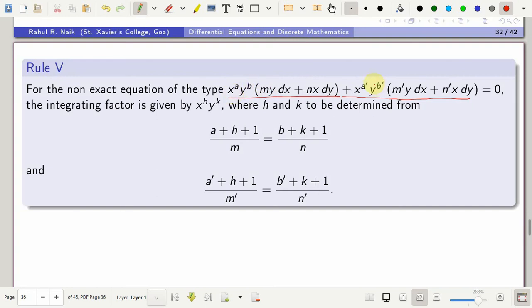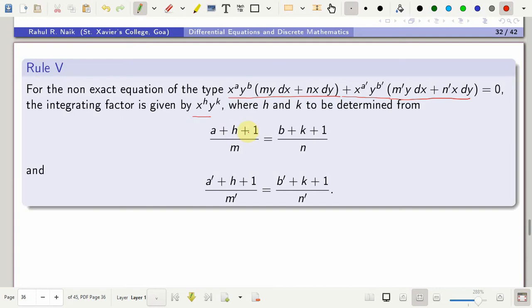So if at all any non-exact equation cannot be solved using any of the 4 rules, we can see whether it falls in rule 5. If the given equation can be put in this form, then the integrating factor is given by x raised to h into y raised to k, where h and k are real values to be determined from these two linear equations.